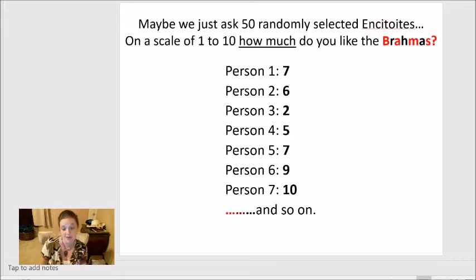First person tells me 7, second person tells me 6, and so on and so forth. You can see how each person is giving me an answer to a quantitative variable question, and so the data they're giving me is quantitative. Person 1, their outcome is 7, on the variable, how much do you love the Pierce College Brahmas?